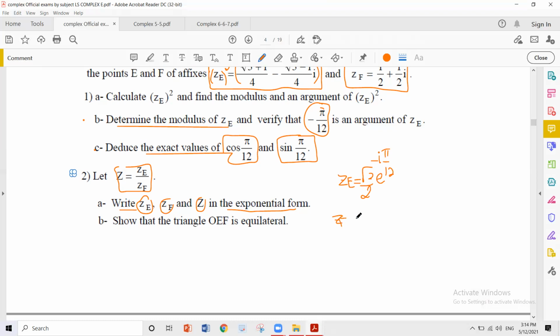ZF equals half plus half I. المودولus للZF equals radical 1 over 4 plus 1 over 4, بيطلع radical 2 over 2.